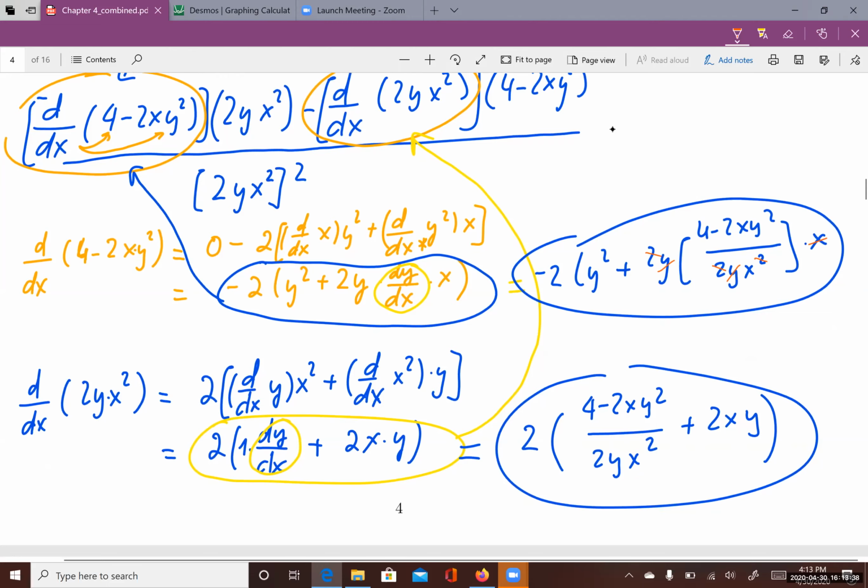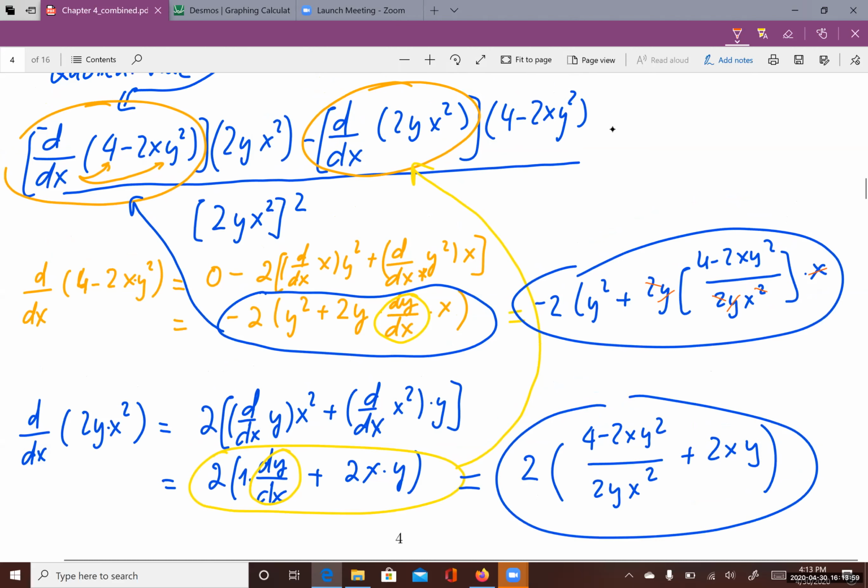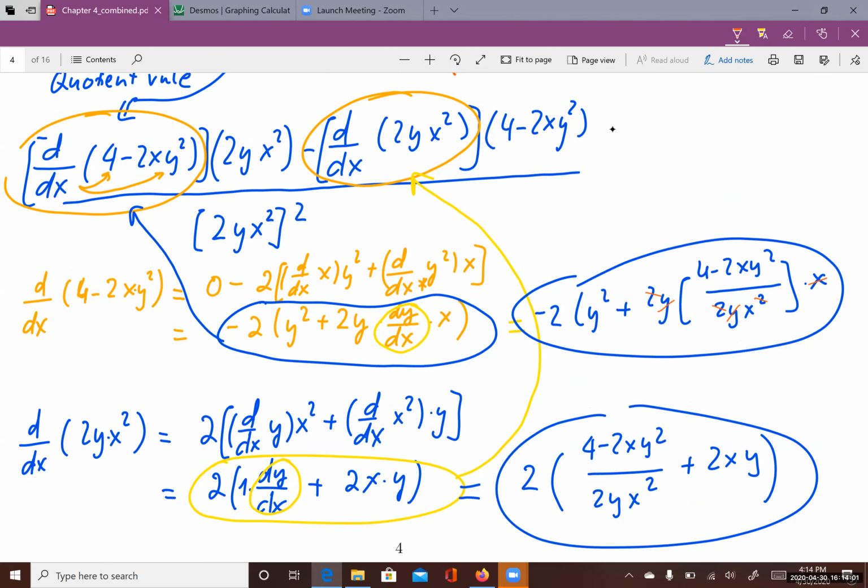Because in this form here, you have 2 times y dy dx times x, then you can simplify this x to one of the x terms here. And then you can simplify y with this y here, and then 2 with this 2 here. So what's left over is just 4 minus 2xy squared divided by x as the result.